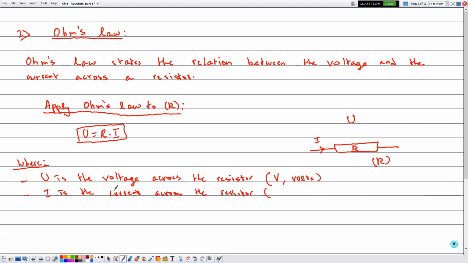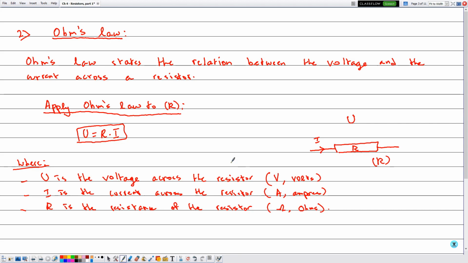The symbol of the unit of the electric current is capital A, which stands for amperes. And R stands for the resistance of the resistor. Its unit is denoted by omega, and the name of the unit is ohms.